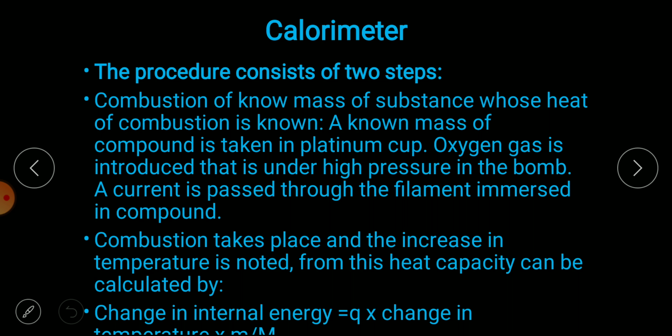Specific heat, which we discussed in the last chapter, means the amount of heat required to raise the temperature of 1 gram of a substance through 1 degree Celsius. So we must know the quantity of the substance.